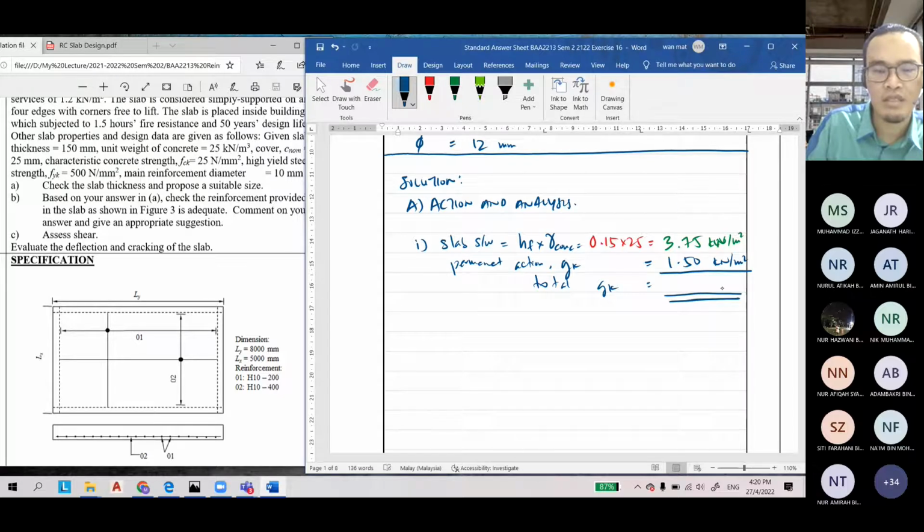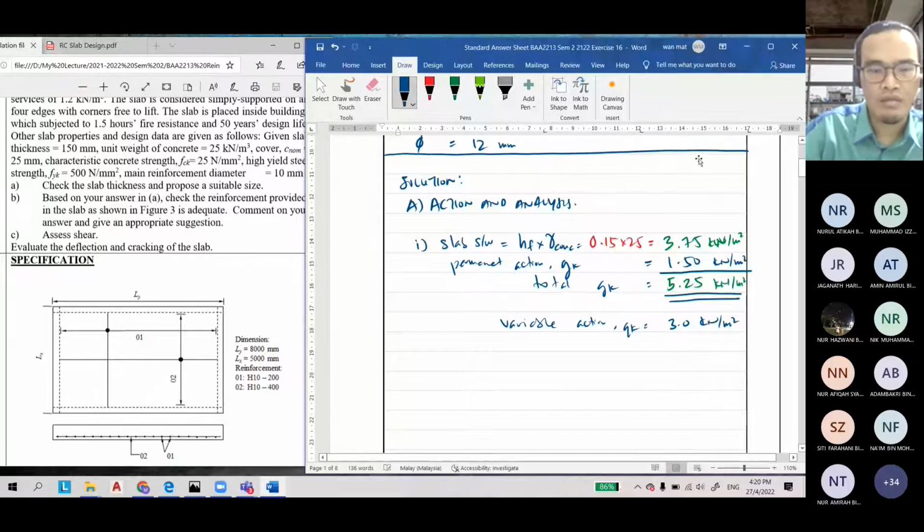So what is the permanent GK? 5.25 kilonewton per meter square. Good. And then you have the variable action. QK is equal to 3.0 kilonewton per meter square.